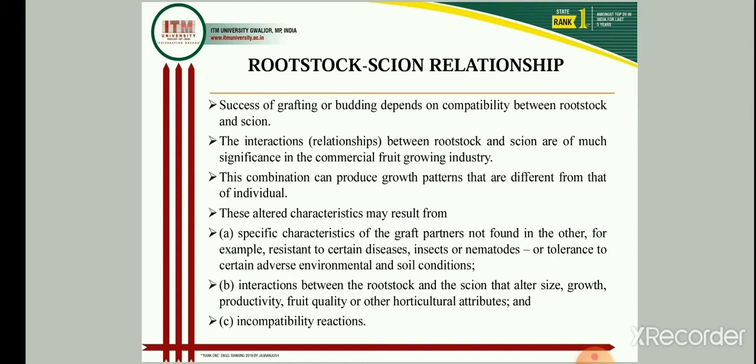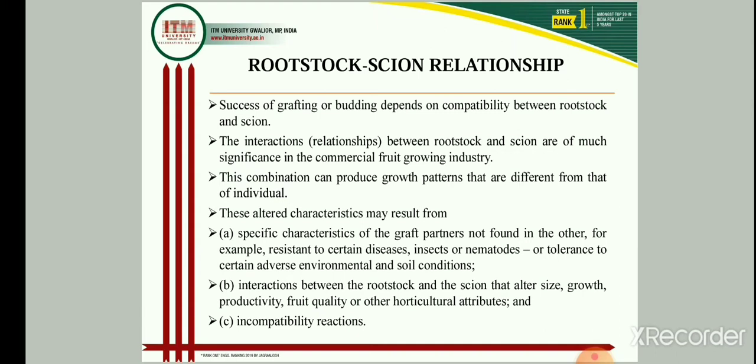It is clear that rootstock and scion, both components, are taken from two different plants and are combined together to develop into a single individual which is able to modify or alter the characters.